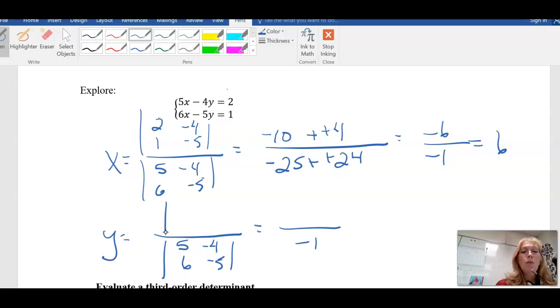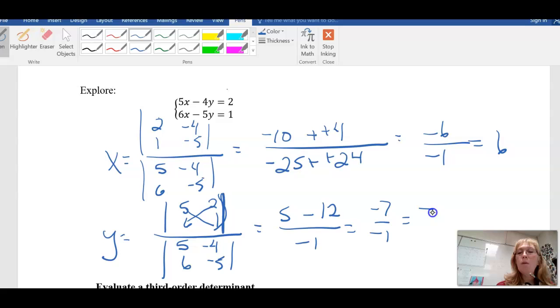Now, I am going to replace the Y values this time with the 2 and the 1 and leave the X the same. So now when you multiply, 5 times 1 is 5, minus 6 times 2 is 12. 5 minus 12, negative 7 over negative 1 equals your positive 7. So your point is 6, 7. I hope you did a good job.